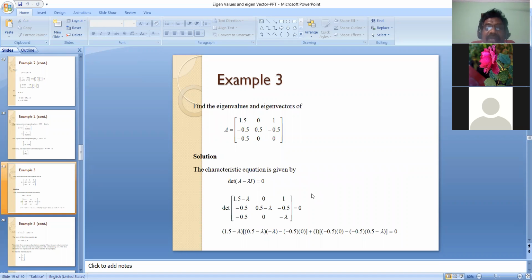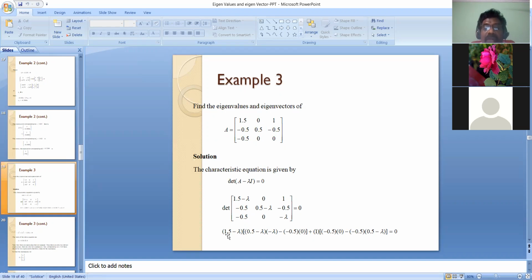Then only the principal diagonal elements change: 1.5 minus lambda, 0, 1; minus 0.5, 0.5 minus lambda, minus 0.5; 0.5, 0, minus lambda, equal to 0. This determinant must be equal to 0. Now we want to expand this determinant by using either the first row or the last row.